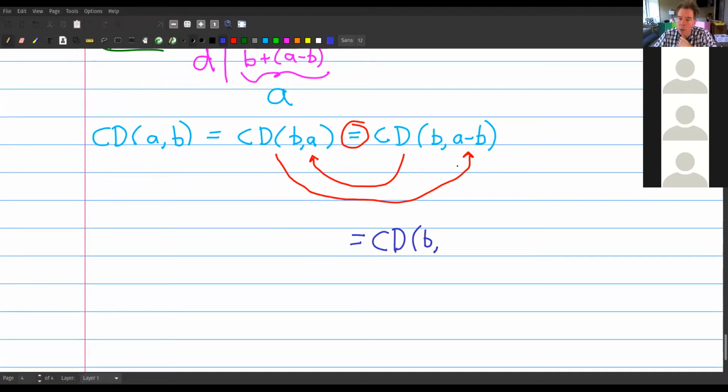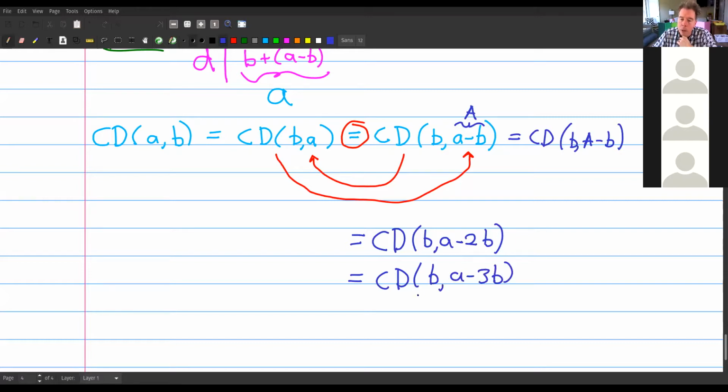So I can let this be a new variable like a, and now this is going to be equal to the common divisors of b and a minus b for the same reason. If I stick with lowercase a, this becomes a minus 2b, and this is the same thing as b and a minus 3b, and so on as far as I want to go.